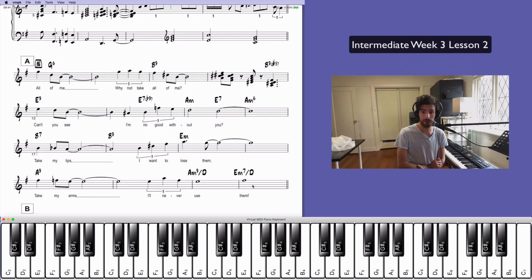It's a dominant 7 because there's no major indicated, and there's a minor 7 interval above the root. So we've got the E major chord with a minor 7 on top. That's a dominant chord.